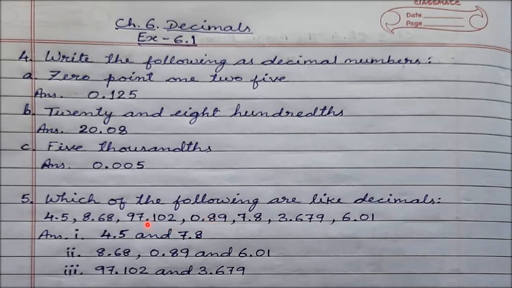And those which have 3 digits after the point are the third set of like decimals. So when we have an equal number of digits after the point, we say they are like decimals. If they are not, then we can make them like decimals by putting zeros as per the required number, so that all of them have the same number of digits after the point.